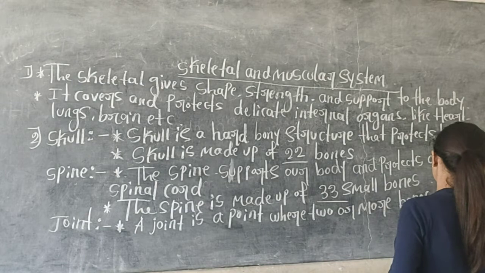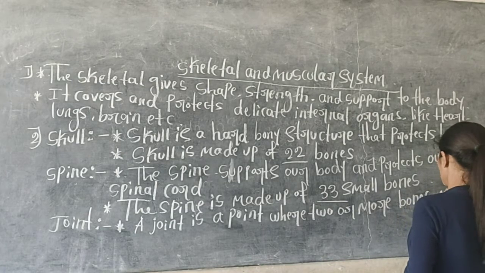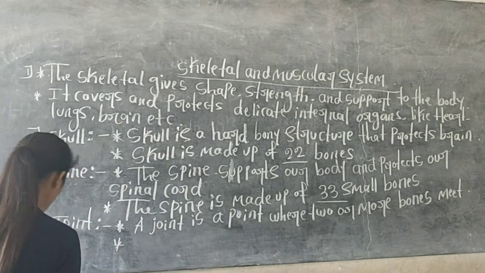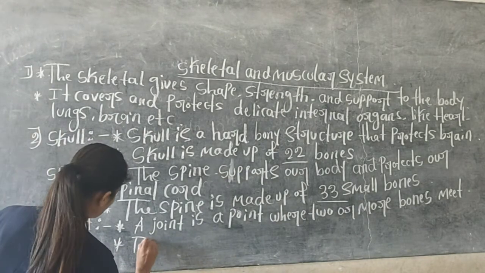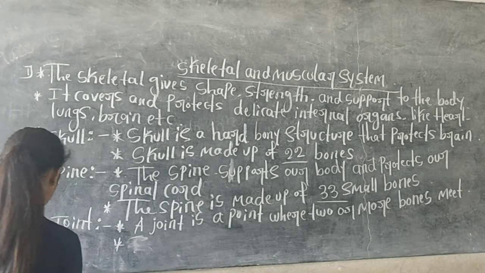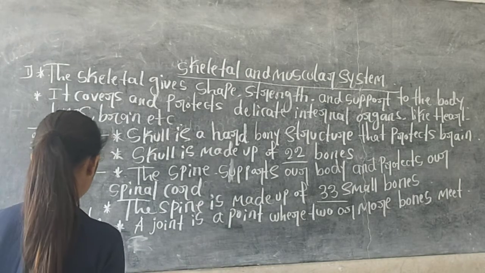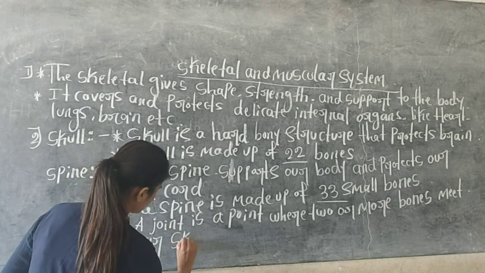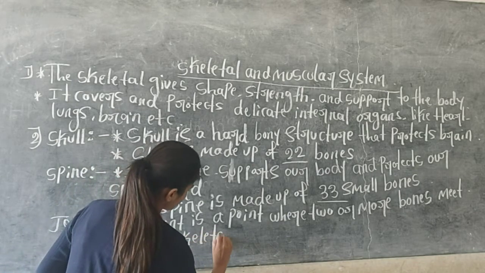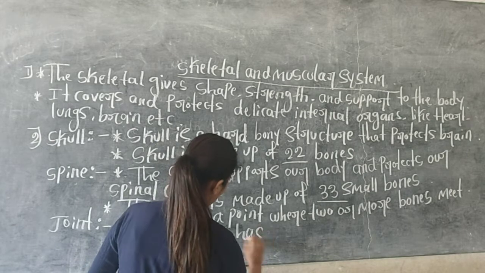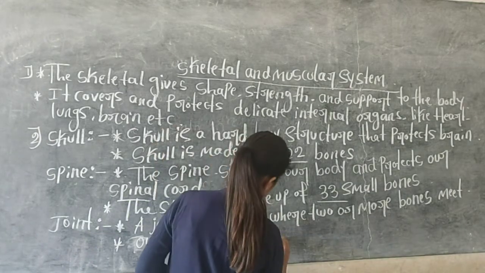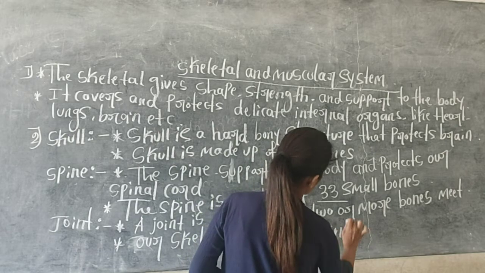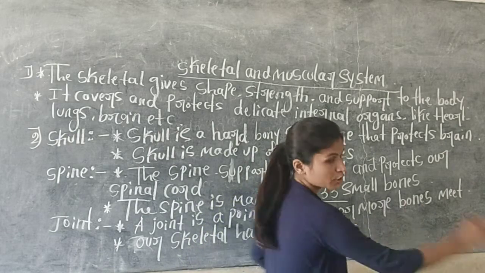This is the first point, and the second point about joints is that our skeleton has many joints. So these are the 2 points about joints.